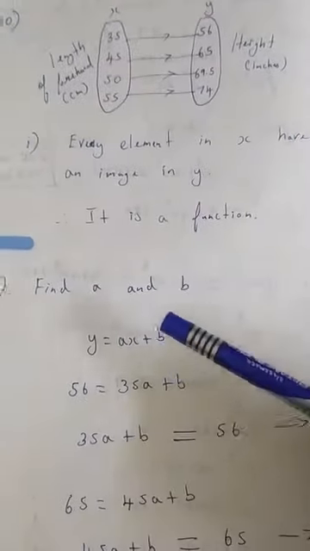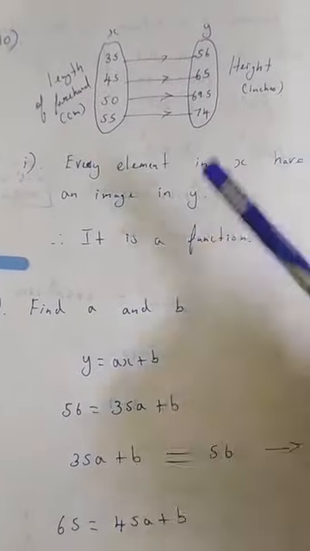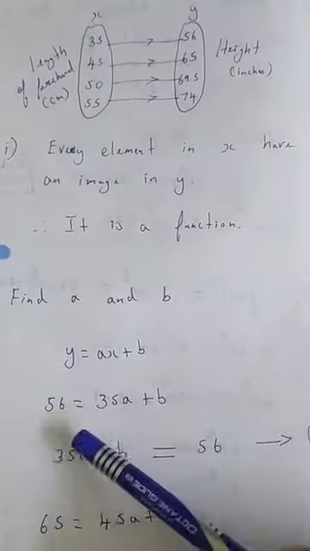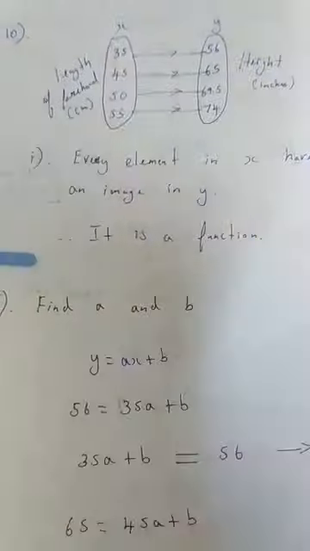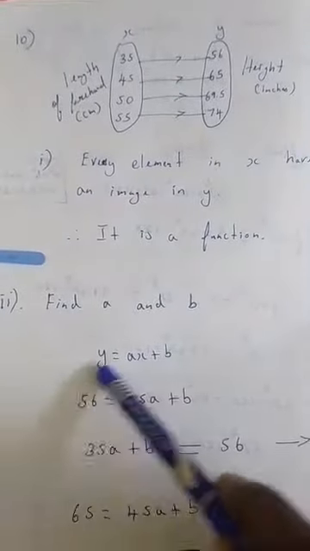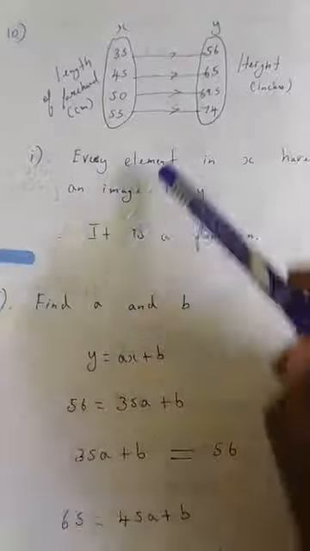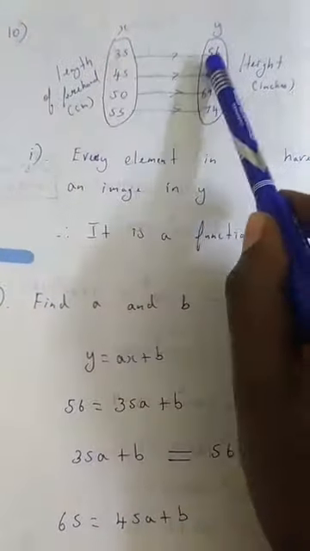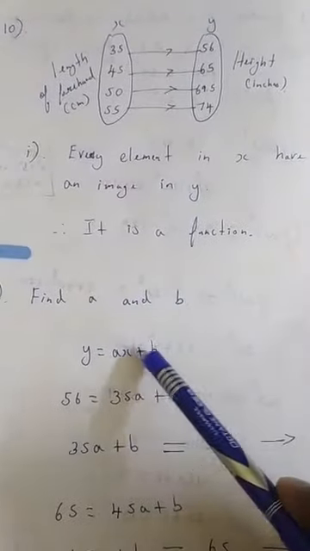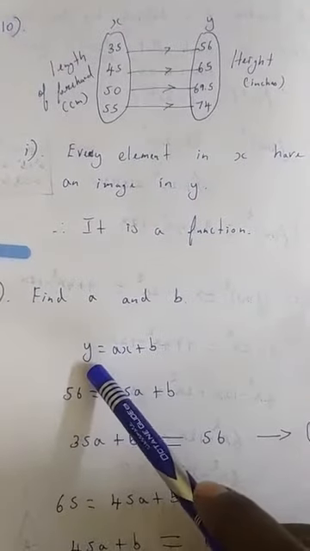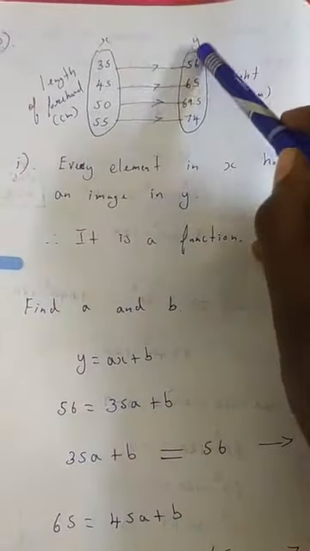Very simple. First step is take any one of the x and y values. I will take the first values. What are the first x and y values? 35 and 56. So let's substitute in this equation. So equation is y is equal to ax plus b. So y, what is y? 56.